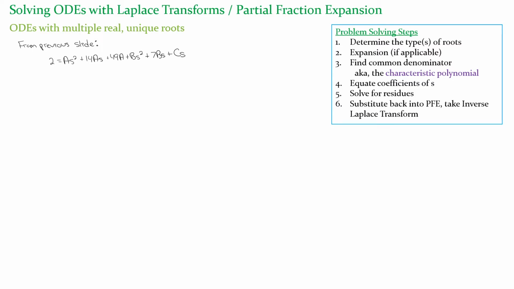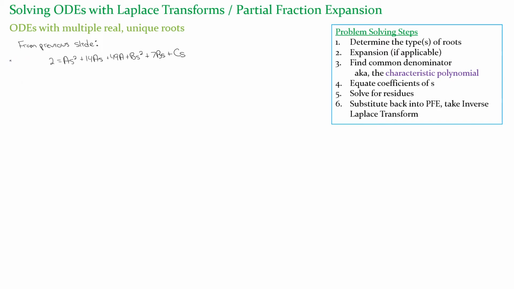Now, usually at this point, I like to add 0 coefficient terms to the left-hand side, just so that it makes it a little bit easier to see what all I have on the left and the right-hand side when I am equating the coefficients of s.